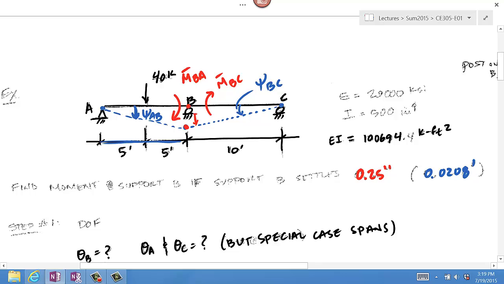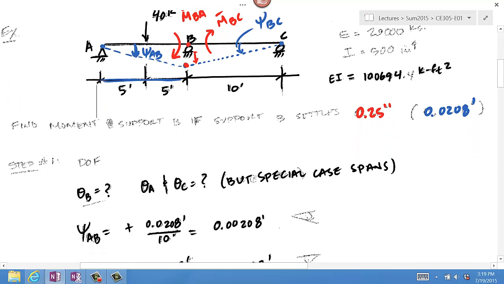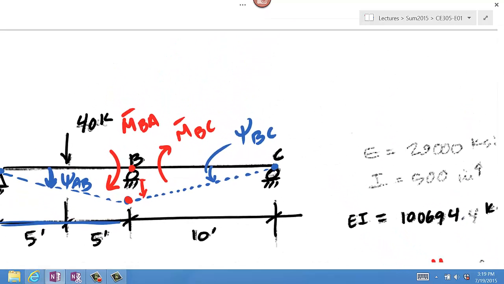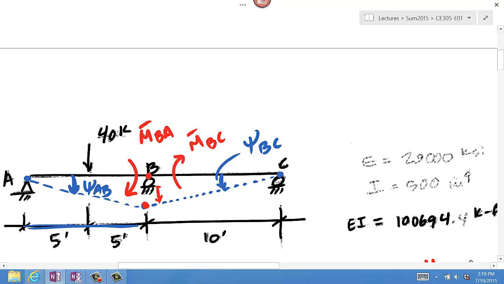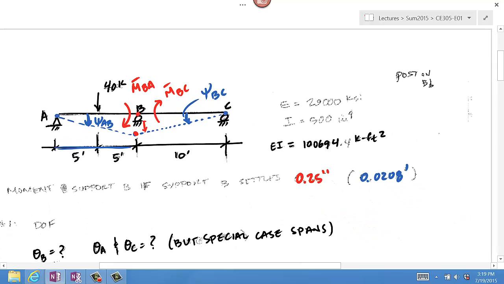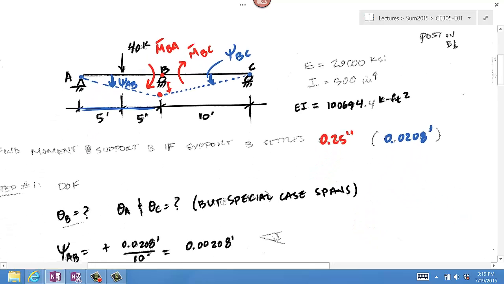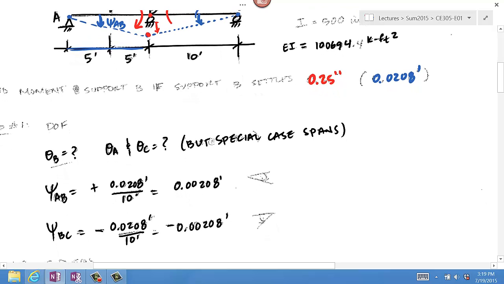It's positive because it's clockwise, and that's shown here. And then psi BC is a negative value because the rotation is counterclockwise. And so that's going to be the same delta, 0.0208, divided by, again, the same 10 feet. So the main difference between these is the positive in front of psi AB and the negative in front of psi BC.